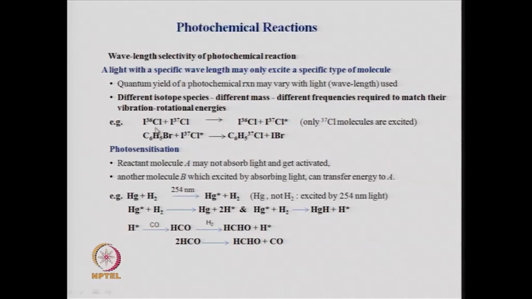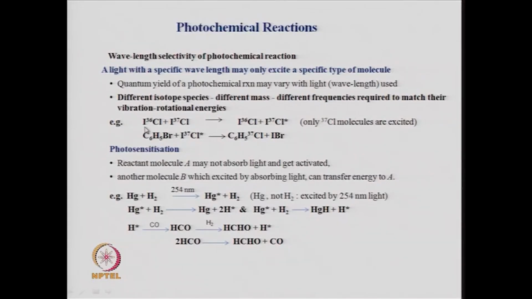So, you can have these kinds of molecules which are specifically made with only iodine 36 atoms, and another molecule made by only iodine 37. So, this is isotopic iodine chloride. If you react them in the presence of light, then it may happen that only one of the chlorine is excited.